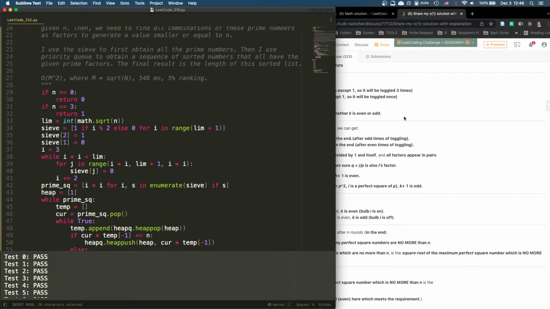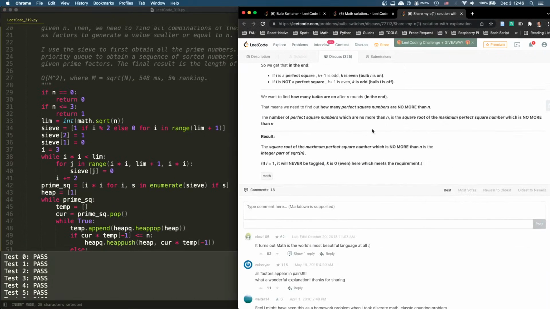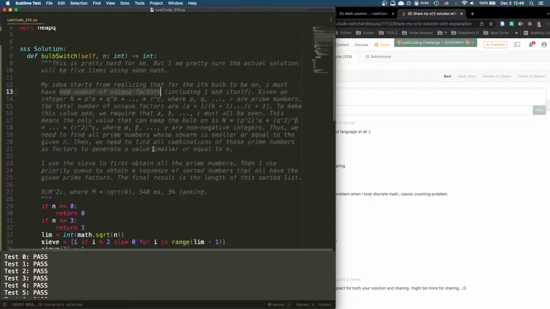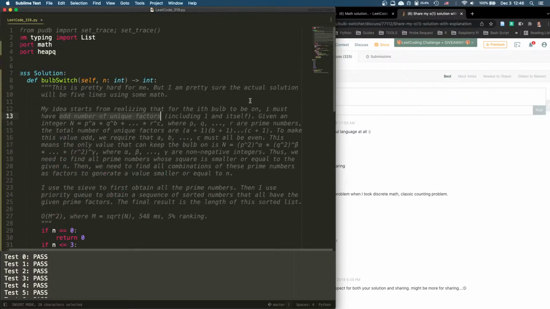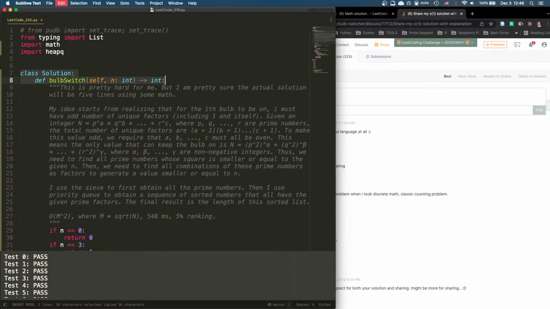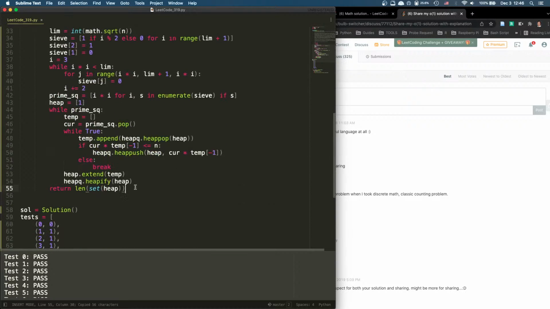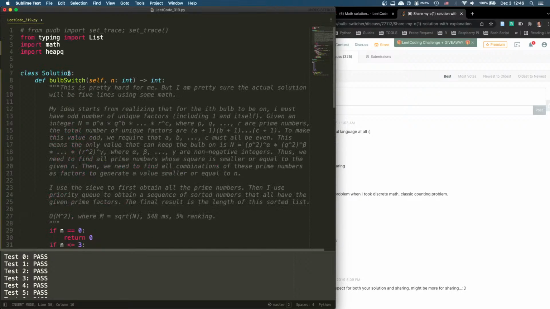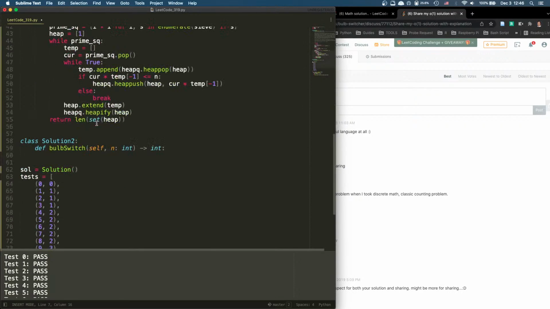What a journey. I knew it. I said 5 lines using some math. Nope. The actual one is 1 line with just a little bit of intuition. I am so close, but at the same time, also so far away.